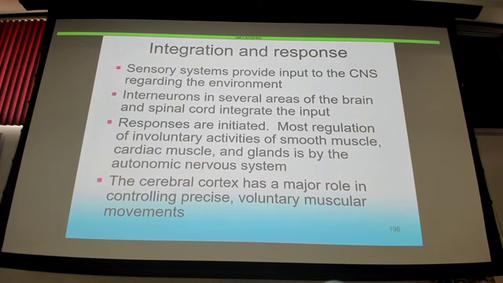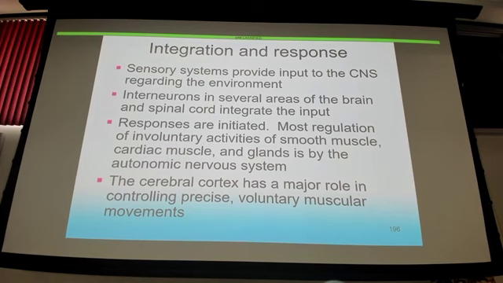And then you have responses. That would be your motor nerves that give out responses, whether that's somatic motor nerves or autonomic motor nerves, either one. And then the cerebral cortex is what's going to play that role in voluntary muscular movements.